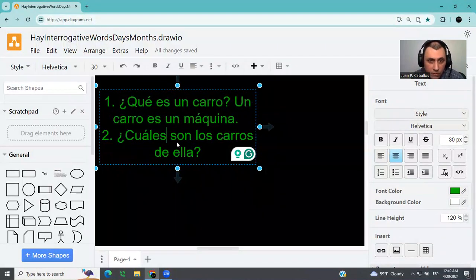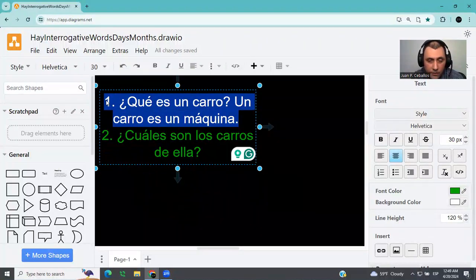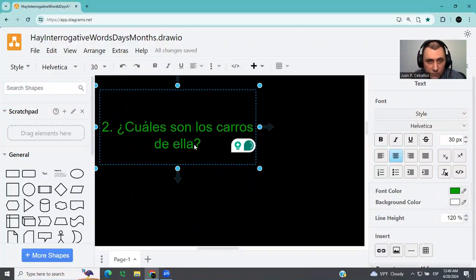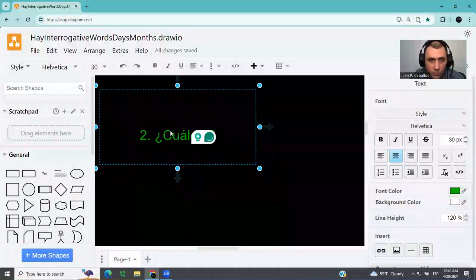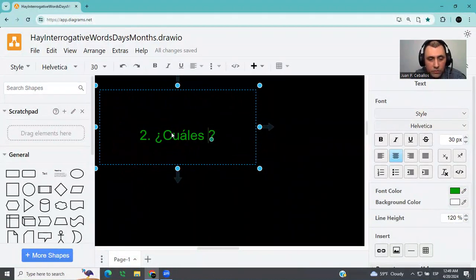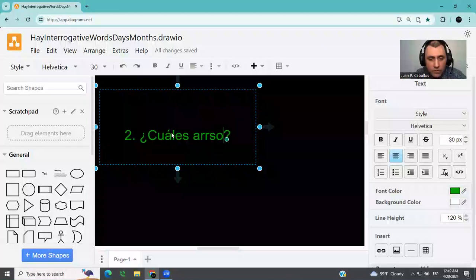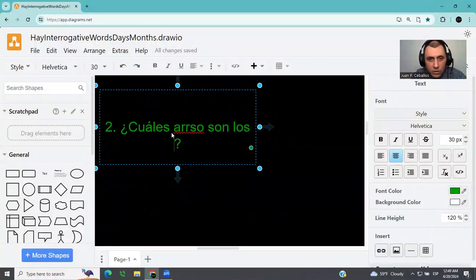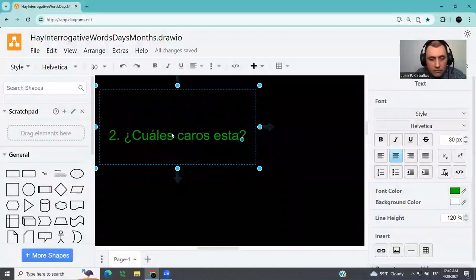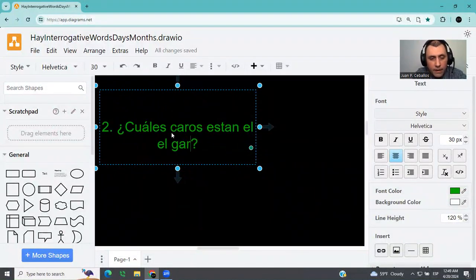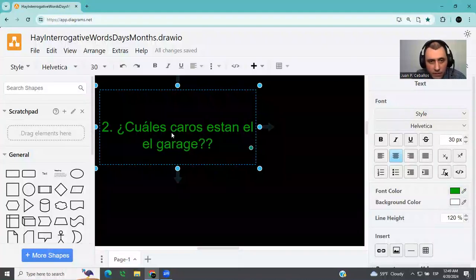Now, also, this is with the verb to be, but what if you have a noun after cuáles? So it will be cuáles carros están en el garaje. Let's say something like that.